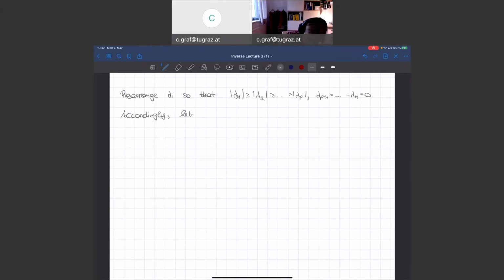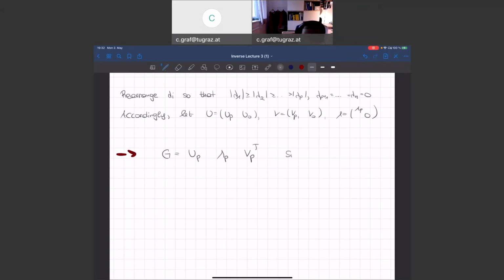So accordingly, we define U as Up, U0, V as Vp, V0, and lambda as lambda p and 0. We end with T being equal to Up lambda p Vp transpose. Same argument we used before.